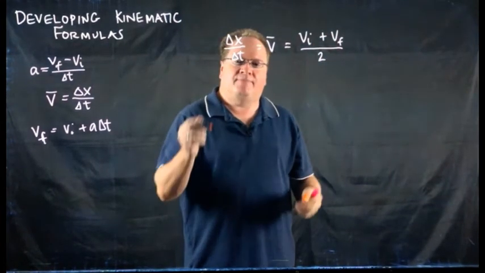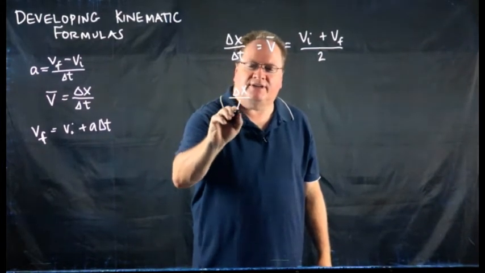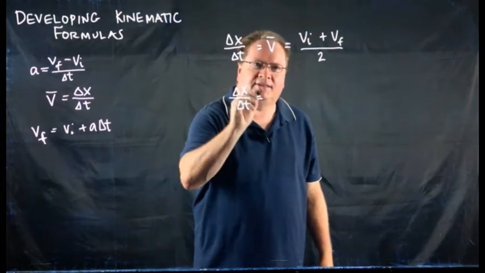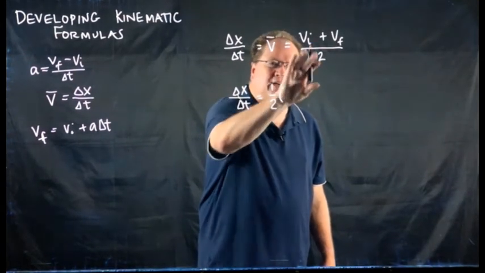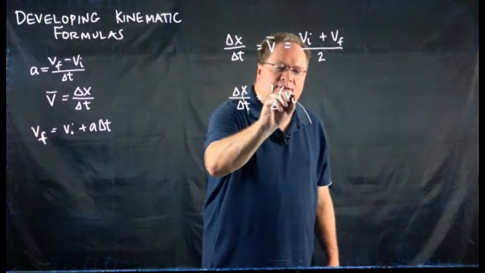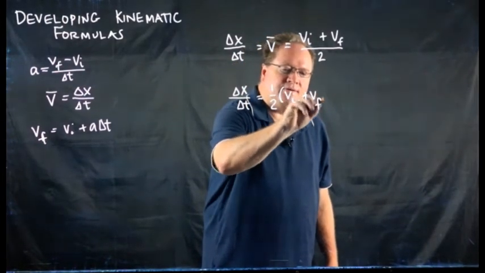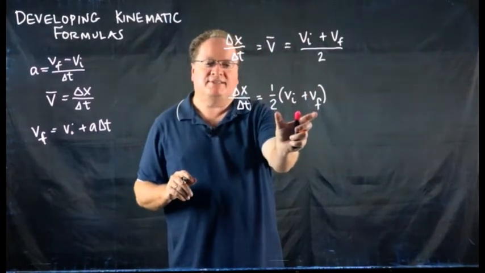All right? So I would say that delta x over delta t equals 1/2 (vi plus vf). I didn't want to leave the fraction here. I'm going to go ahead and pull it out. So I hope you guys can see that this is exactly the same thing as that.